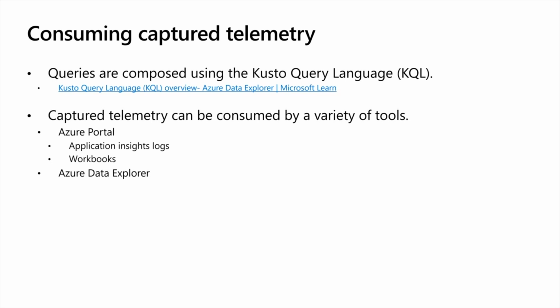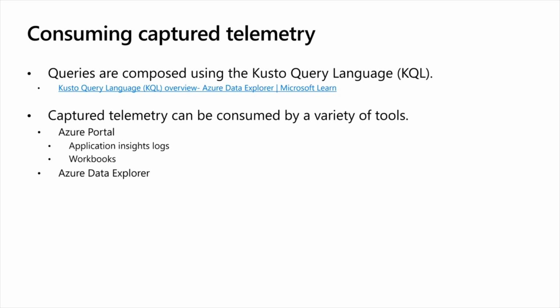But as soon as you start logging your own telemetry and doing some more deep dive telemetry monitoring, you'll end up wanting to view the raw storage, the Application Insights data structure beneath it, and you'll want to write queries to actually pull that telemetry. And that's done by using the Kusto query language.